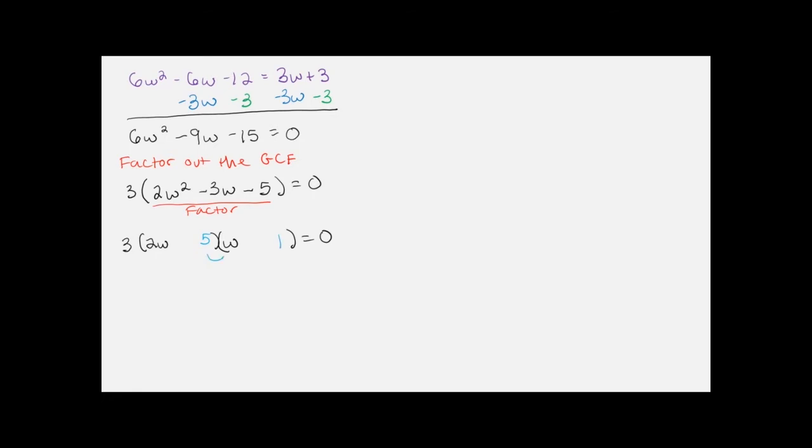So when I multiply the insides, that's 5w, and the outsides are 2w. I'm trying to get a negative 3, so I have to have a negative 5 and a positive 2w. So that needs to be minus 5 and a plus with the 1. And that will get me my negative 3w. So now I've factored that. So let me just erase my scratch work here.